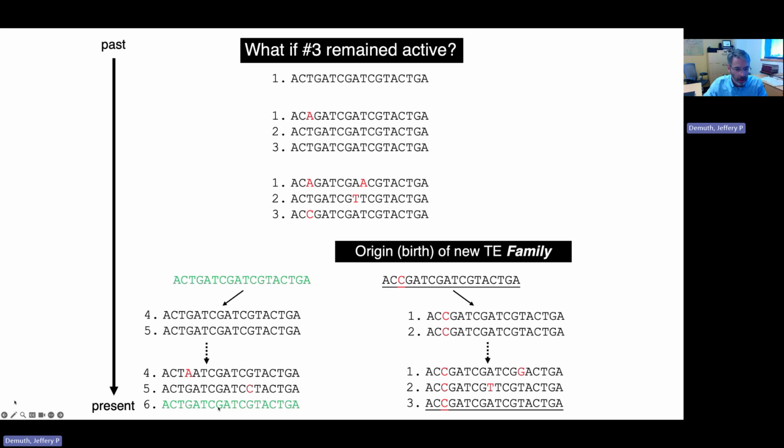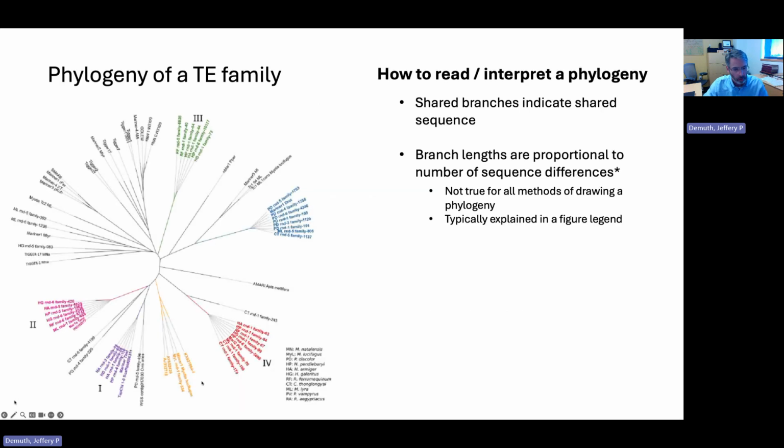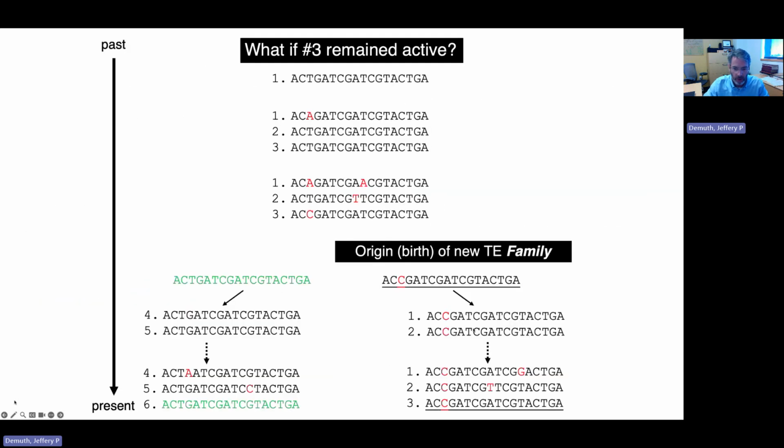And so we can differentiate the copies of this transposon family from this transposon family. And you can still go back and estimate the number of substitutions, say something about the order.